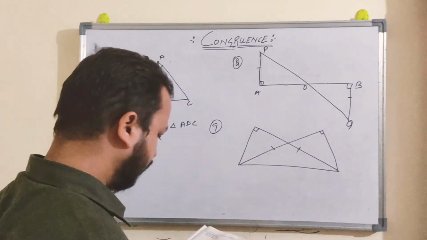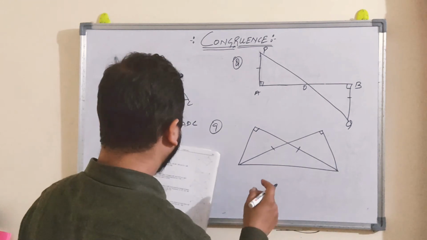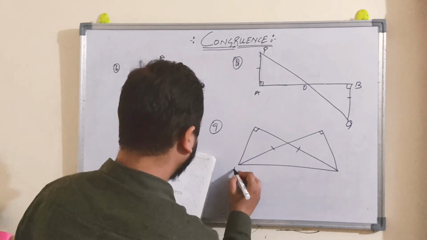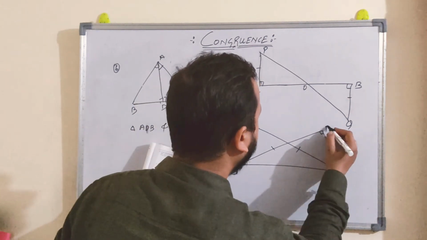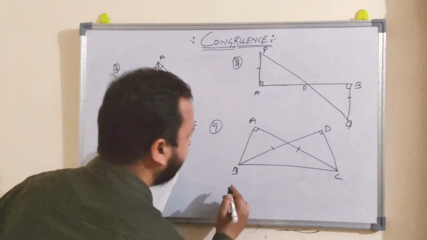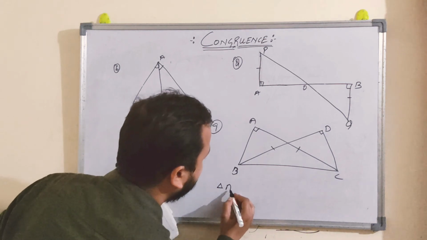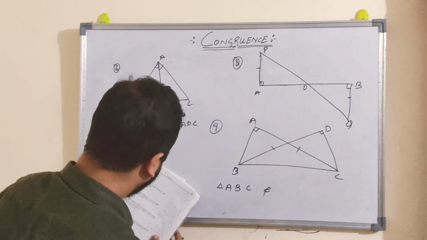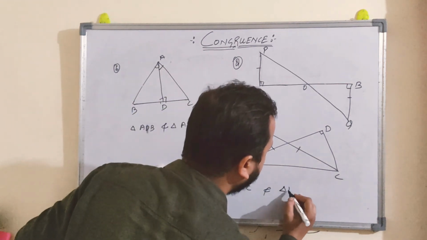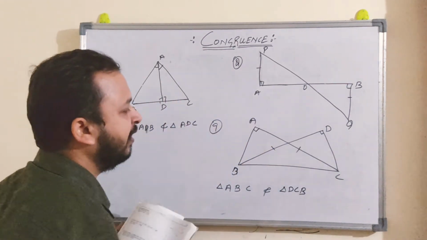Come to question number 9. In this figure also, you have to prove that these two triangles are congruent. This is A, B, C and D, right? So now we are talking about triangle ABC and triangle DCB.